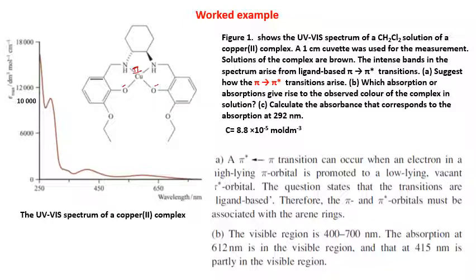This is a phenoxide type moiety bound to copper 2, and this amine nitrogen is neutral, and from this NH moiety it is bound to copper 2. So there are two anionic parts and two neutral parts and copper 2, and the UV visible spectrum is shown over here. You can see that there are some bands. One is a band around 290 to 292 nanometer.